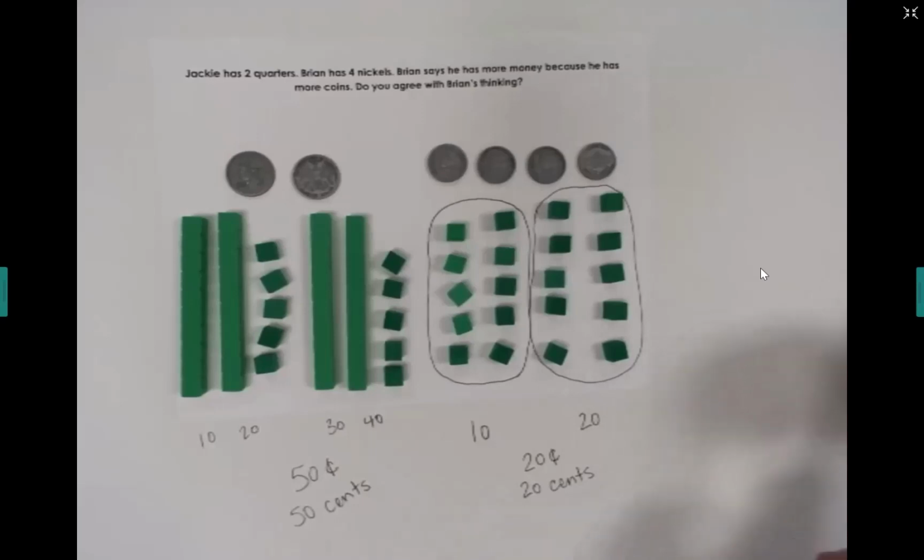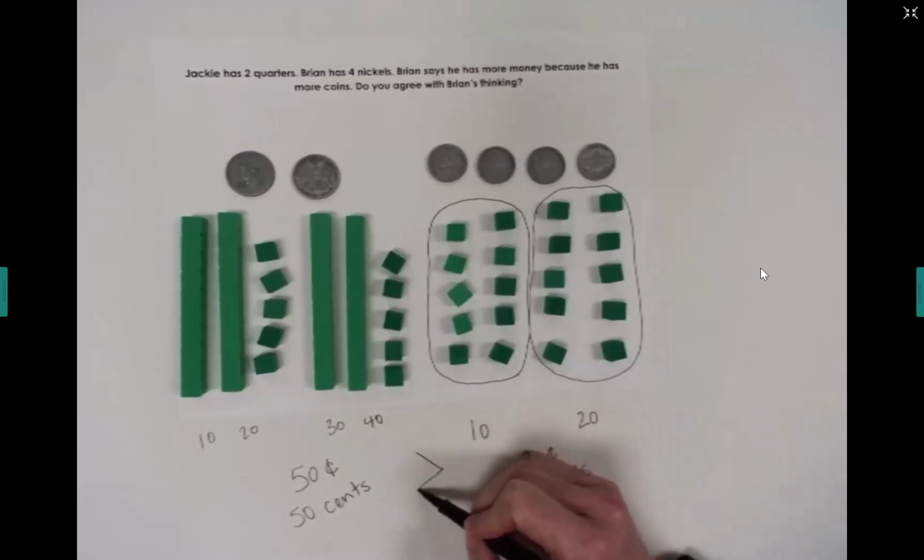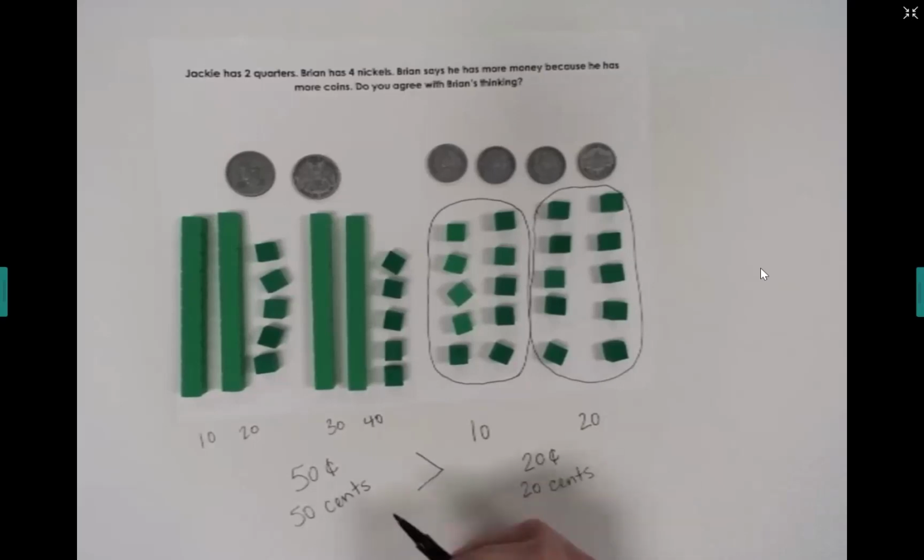So students should also be able to use those comparison symbols that they know to compare. 50 is greater than 20, or I could write it as 20 is less than 50, using those comparison symbols. So that's how students will be working with sets of coins this year.